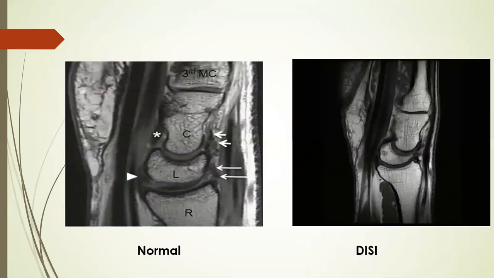As we see here in this picture, this is the normal lateral sagittal view of the wrist joint, and we see the lunate is in its place over the distal radius, and this is the capitate. This is the normal. When compared with this dorsal instability, we see the displacement of the lunate bone and also the capitate.